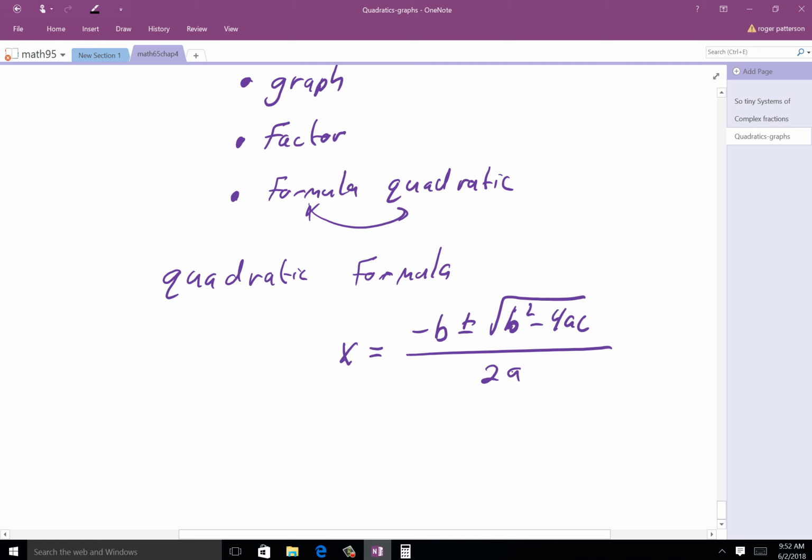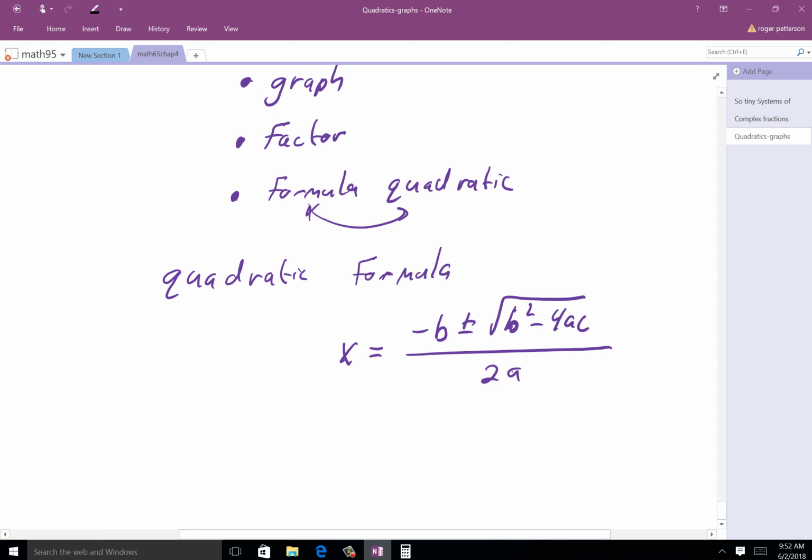Factoring, we've already done. The problem is that factoring works for a very, very small sample of quadratics, probably about 10%. Graphing works with all of them except for one certain type, so you can type it in Desmos and get an answer also. They do talk about completing the square in here for solving these, but I don't.